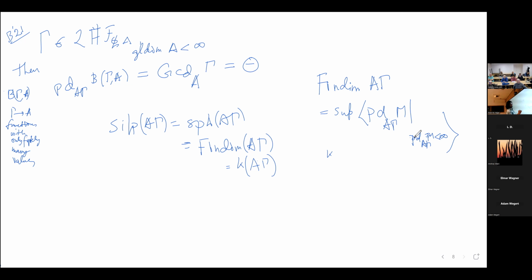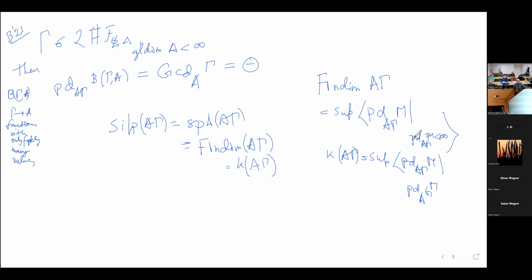The supremum still can be infinite. When this is the Thompson group, it is infinite. And that's why those examples from before were helpful: they're non-examples. Thompson group or Bergocci group or S infinity, infinite. K A gamma is the supremum over the projective dimension of those modules that have finite projective dimension.